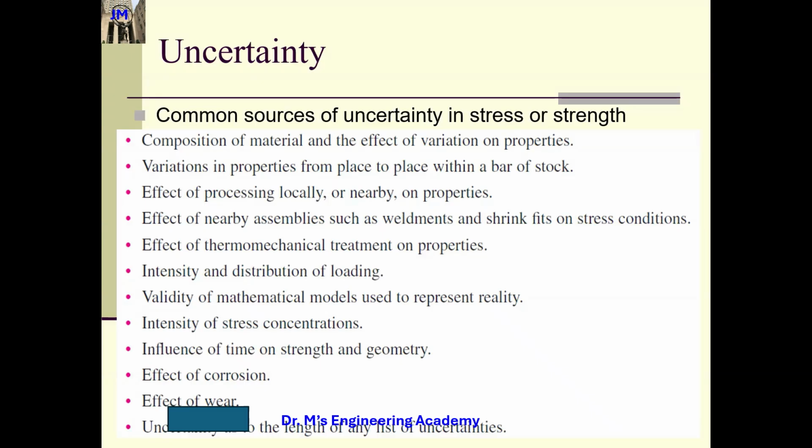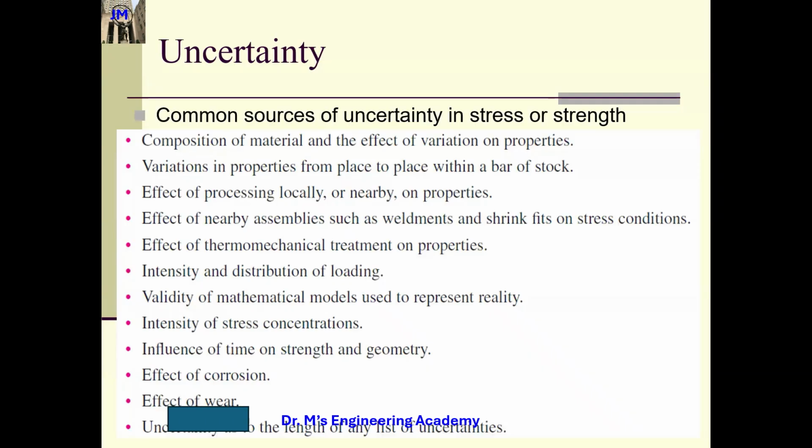This is one source of uncertainty. The second one is variation in properties from place to place within a bar of stock. For example, suppose this is a workpiece. Sometimes the mechanical property here is different from the mechanical property here.